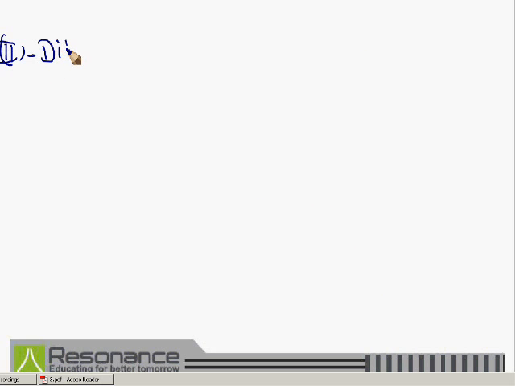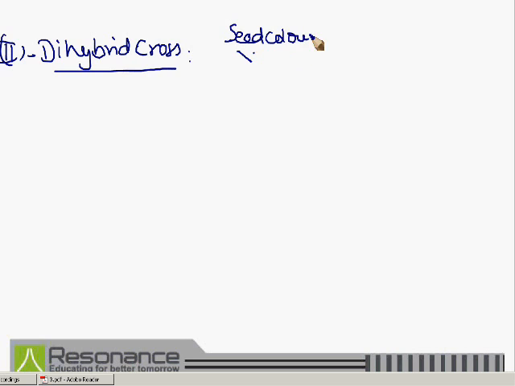dihybrid cross. Mendel studied two contrasting characters during this cross, that is seed color and seed shape. Seed color for dominance was yellow, so it is written as capital Y, capital Y. Its contrasting form was green, so it was written as small y, small y.